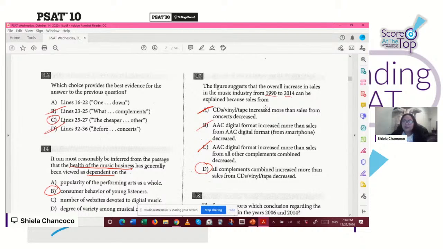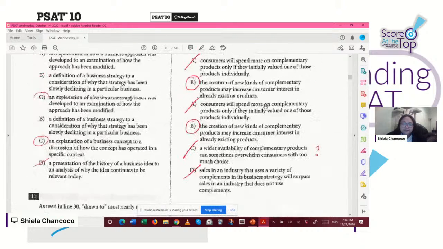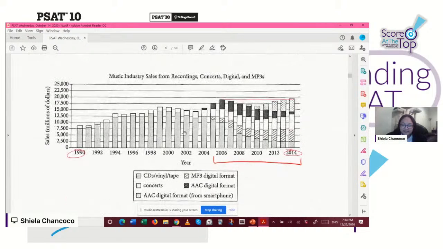Because like I said, I want you to eliminate, but most people are like, but Sheila, I don't understand, why is this true or false? True or false, CD vinyl tape increased more than sales from concert decreased. Okay, they said CD went up, concert went down. All right, is that what is going on here?